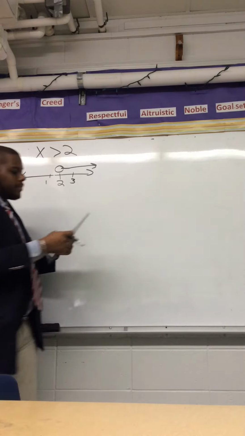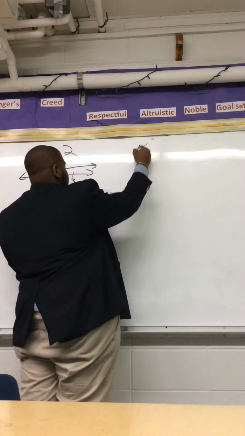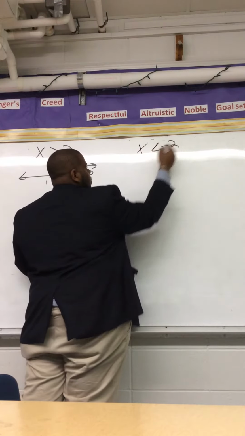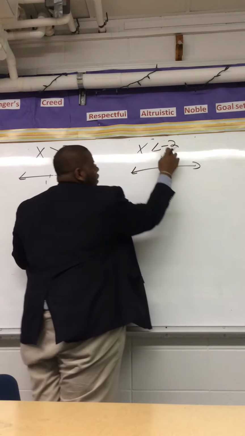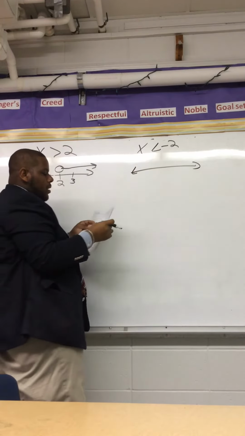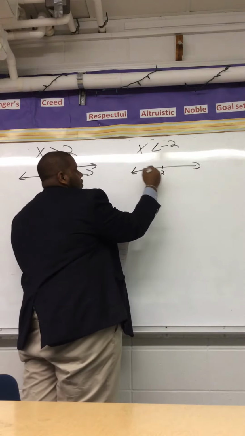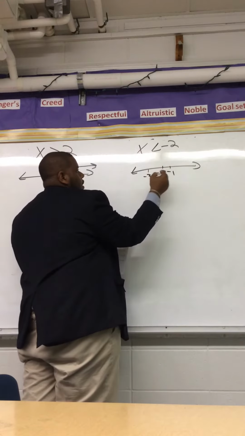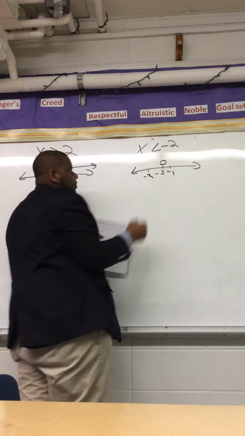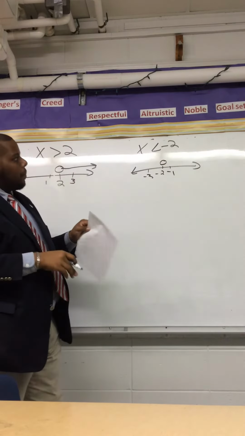Let's do the next one. You have x is less than negative 2, or negative 2 is greater than x. So you can go to negative 2 on your number line. Open circle on negative 2. Make sure you copy this on your handout.